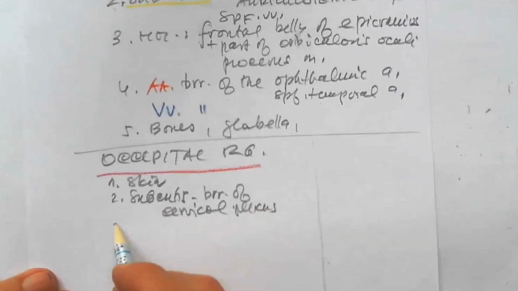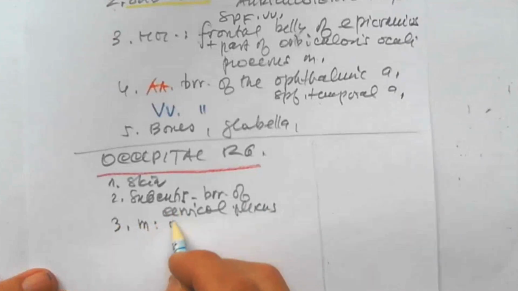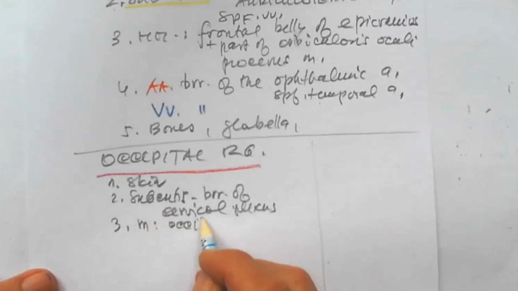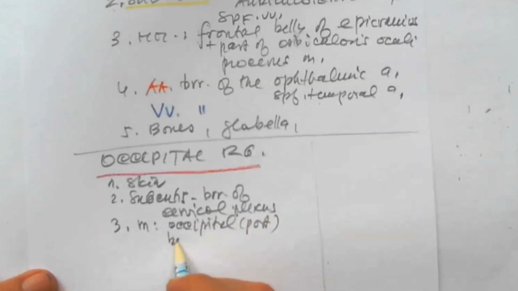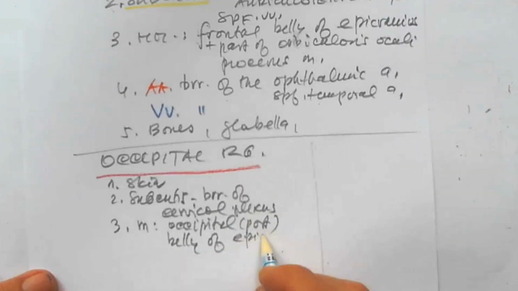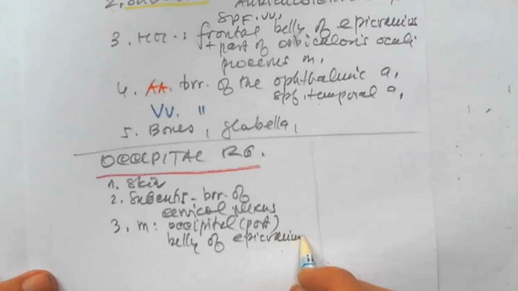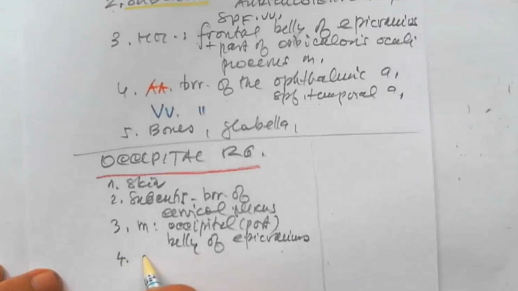Then follows number 3, muscle. This is the occipital or posterior belly of epicranius, or occipitofrontal epicranius. At the same level, number 4 are the veins and arteries.